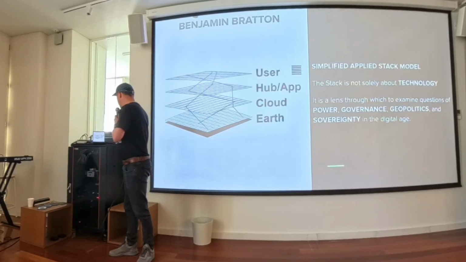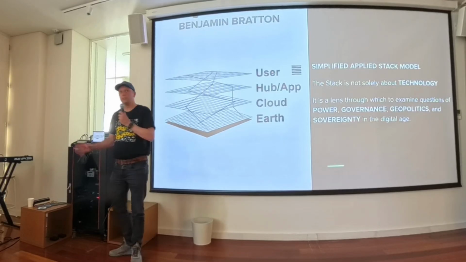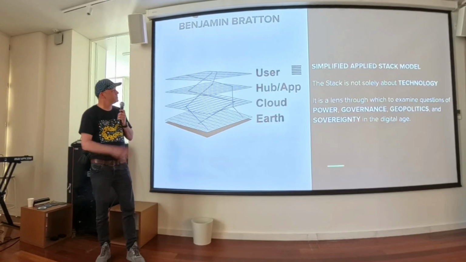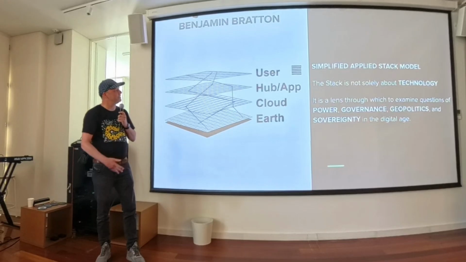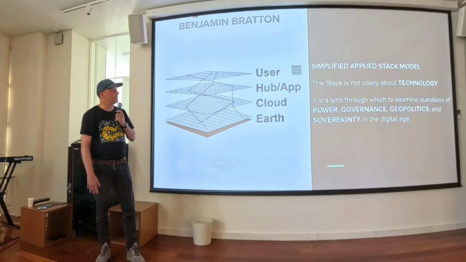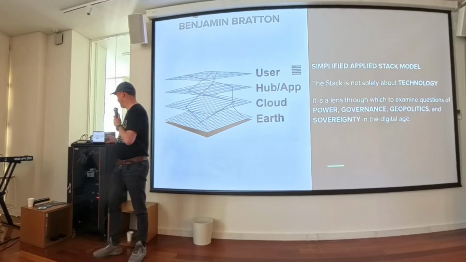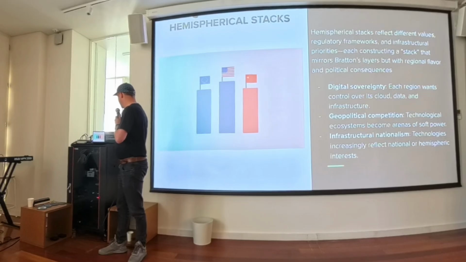This is a bit of a simplified model to map it more to the computer model I just showed, and it helps us think about Bratton's stack in terms of the Polkadot layers that were identified by Sean. It helps us think about power, governance, geopolitics, and sovereignty. And I'll give an example about that.